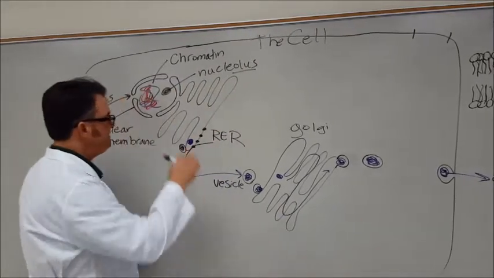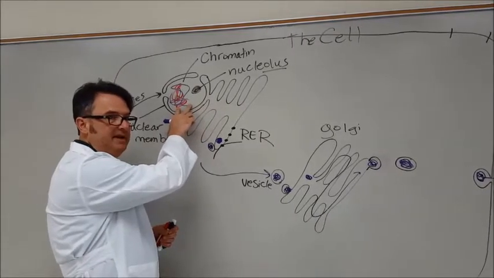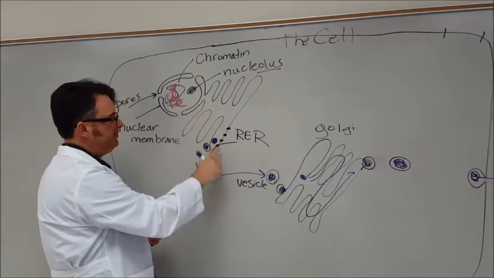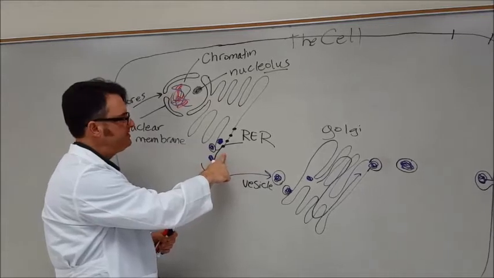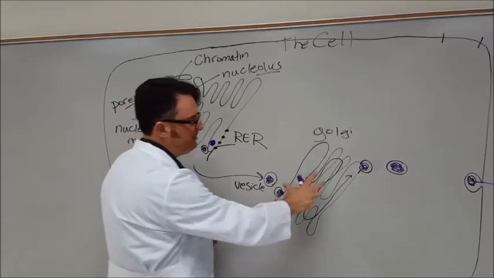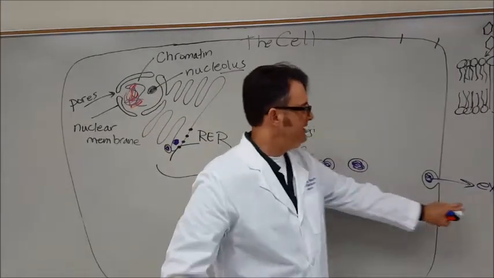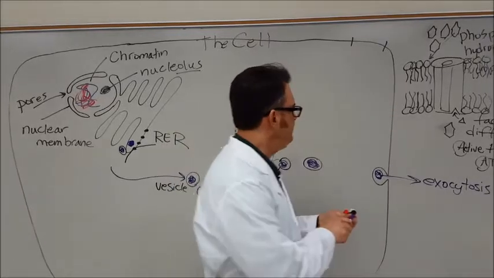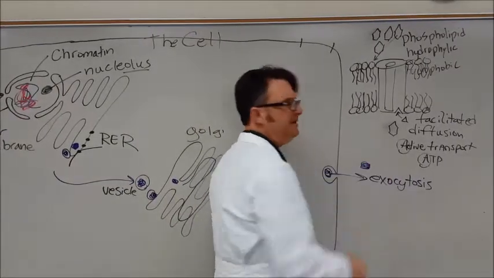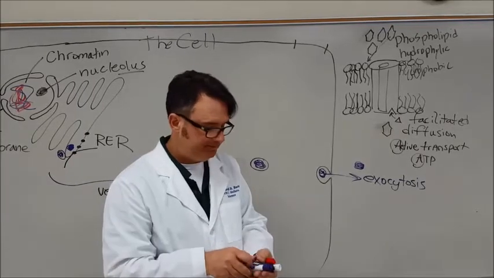So even though I didn't show you, the process of copying the DNA is called transcription. The process of making a protein is called translation. The protein is formed, it is modified, and it's completed, and then the protein can actually be transmitted outside of the cell to be used somewhere other than the cell.